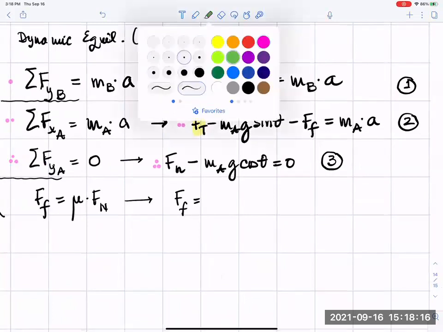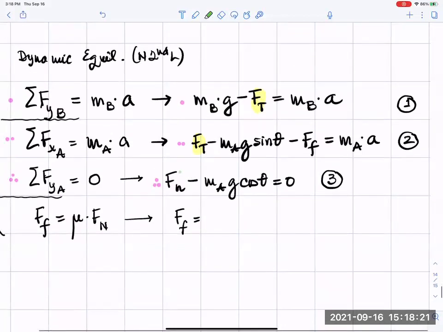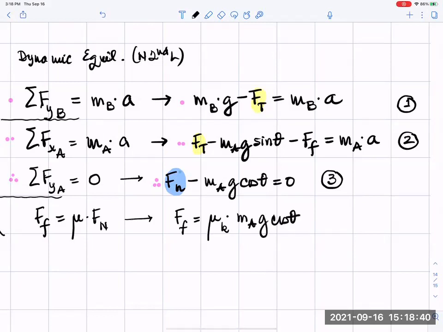Let me highlight this with blue just to keep the same color tone here. So my Fn, if I pull it up from equation 3, Fn is equal to MAG cosine of theta, meaning that your friction will be equal to mu k times Fn, which is mu k MAG cosine of theta. This is equation 4, so by using equation 3.